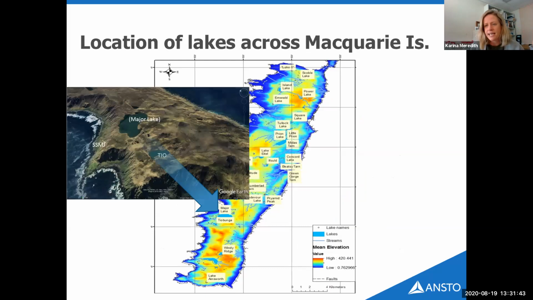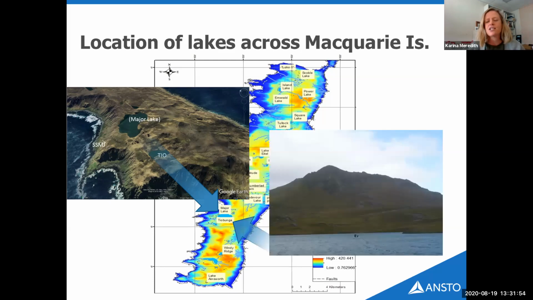And this is what these lakes look like in Macquarie Island. This is one of the lakes that Christina's studied, and she's got a nice core that sits adjacent to one of these lakes. And this is actually another photo of one of the lakes where Christina and her group have cored through the lakes. So there's quite a lot of water in these systems.